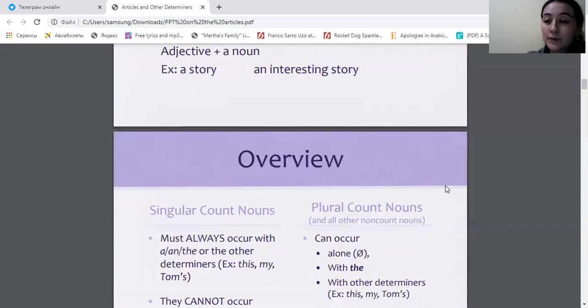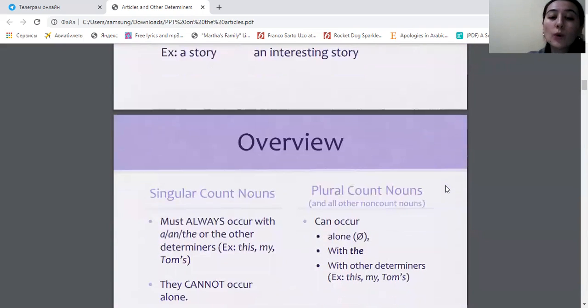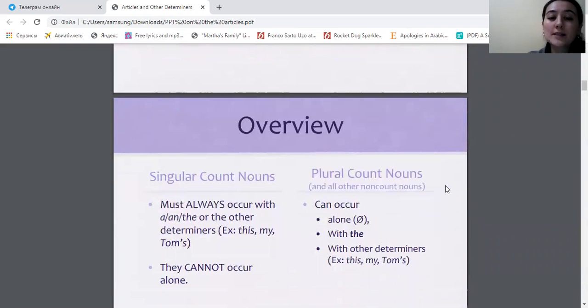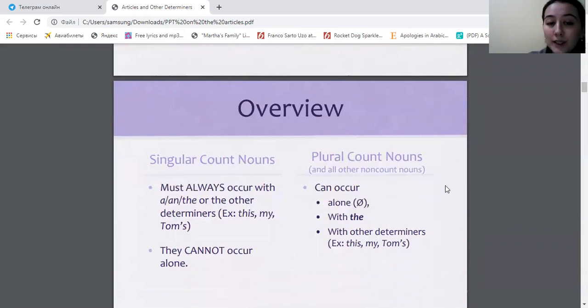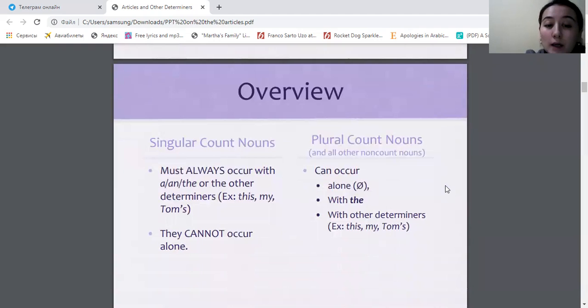Singular countable nouns must always occur with a or the, or other determiners like this, my, Tom's, which show possession maybe. So they cannot occur alone. So if the noun is countable and it is singular, we have to use one article or determiner.